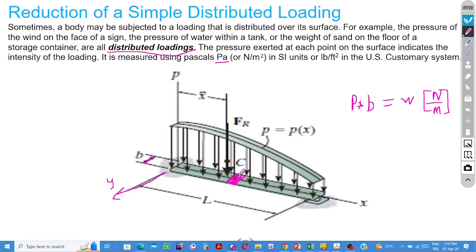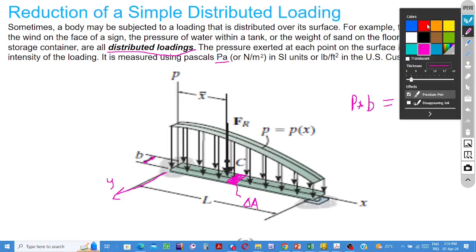Its contact area is equal to delta A. This is the load curve, and be careful, the unit is not distance, the unit is pressure.